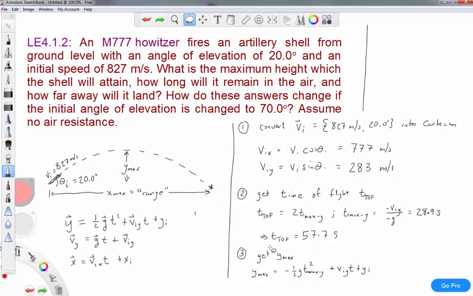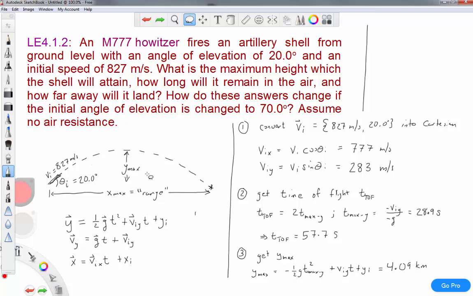Then you want to get things like the range and the maximum height. For the maximum height, you refer to this equation. This is actually just a one-dimensional equation, so you can plug in the numbers for the time to reach maximum height, the acceleration, the initial speed, and the initial position. You end up getting a maximum height of about 4.09 kilometers.